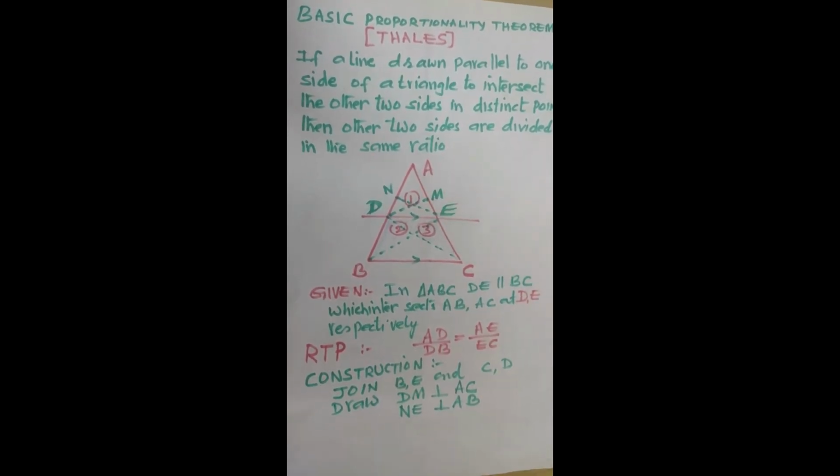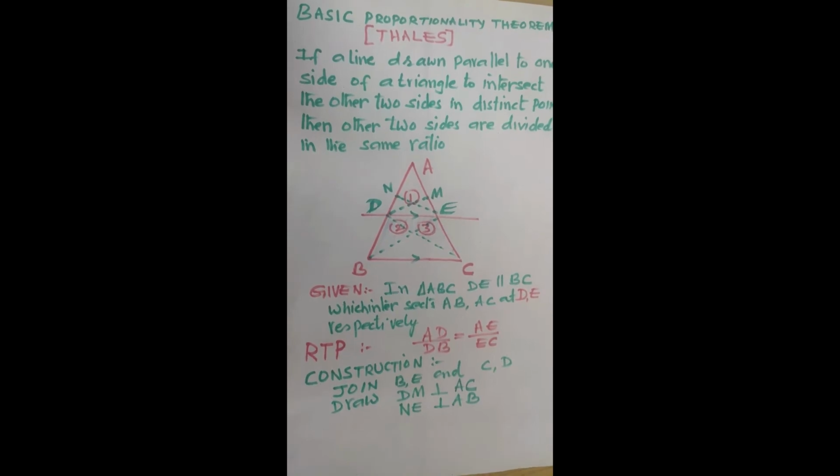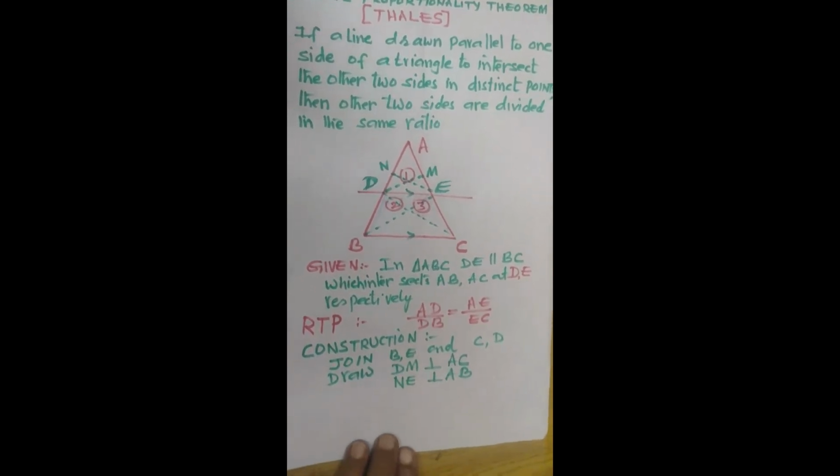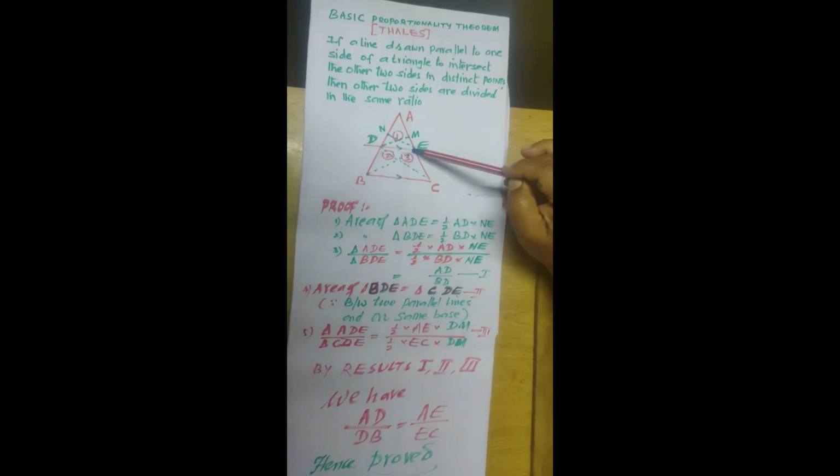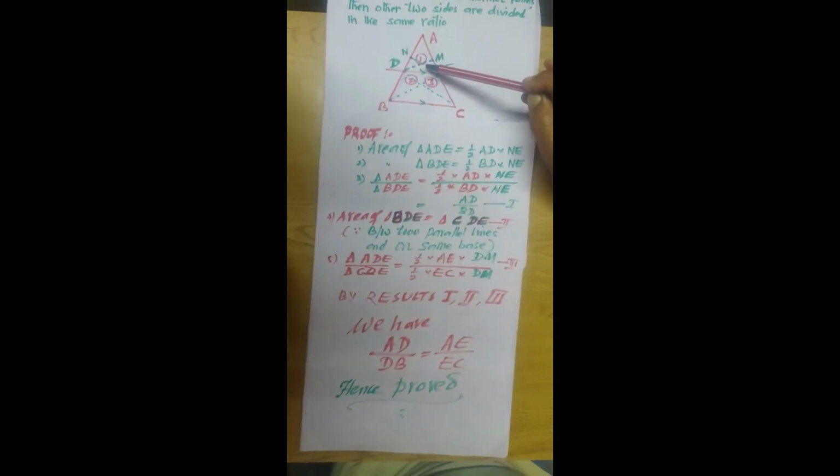Now coming to the proof of the basic proportionality theorem. Area of ADE. So what is the area of ADE? Area of ADE is half into AD into NE. This is AD, this is NE, because it is half of the base into height.